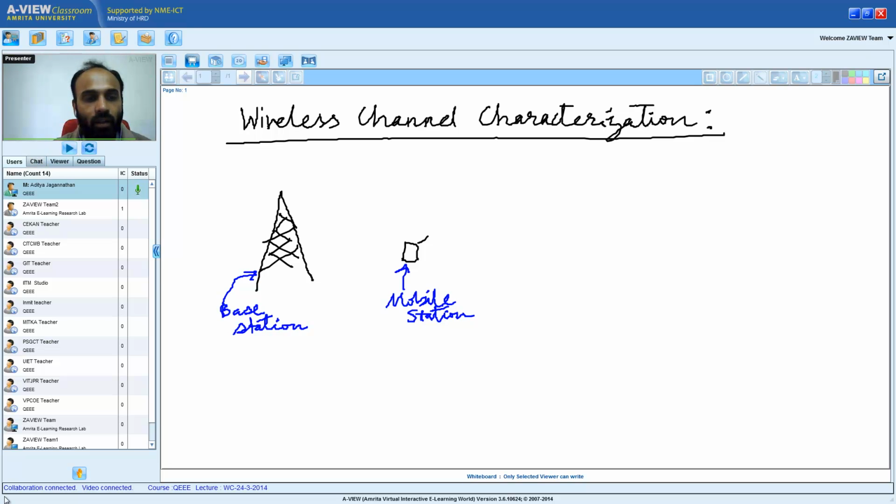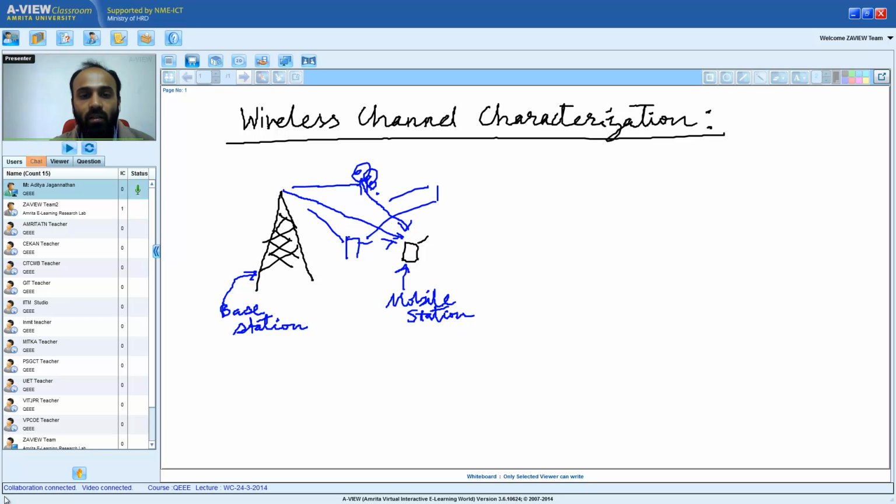And in addition to the line of sight path between the base and the mobile station, I might also have several non-line of sight paths. For instance, these are reflected by these different objects in the propagation path, right?